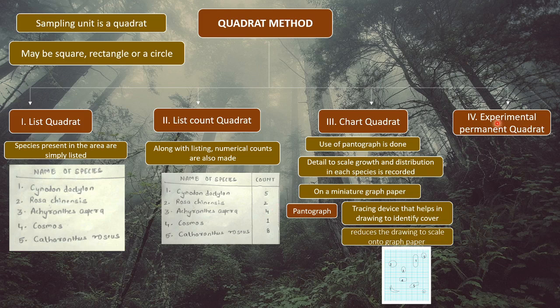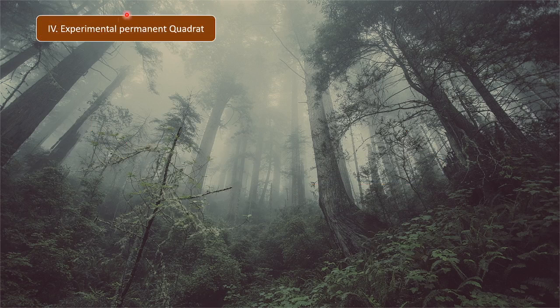And the fourth is the experimental permanent quadrat, which we are going to see in the next slide. As the name suggests, this is a permanent quadrat, that is, we are not going to disturb the quadrat, and this is mainly for experimental purpose.